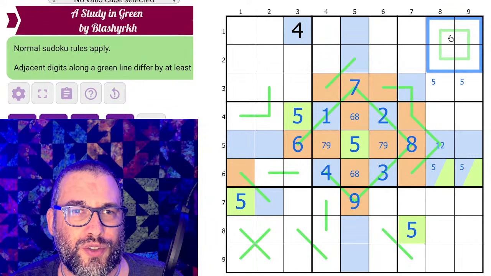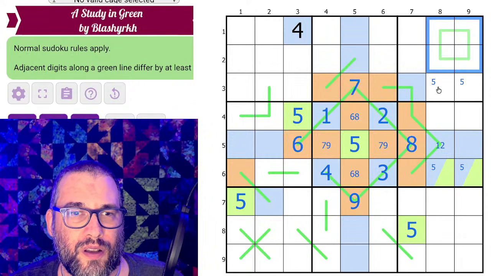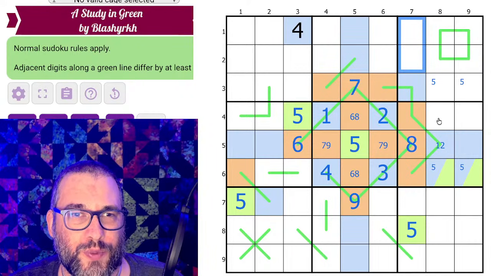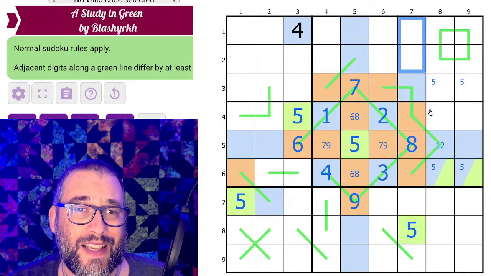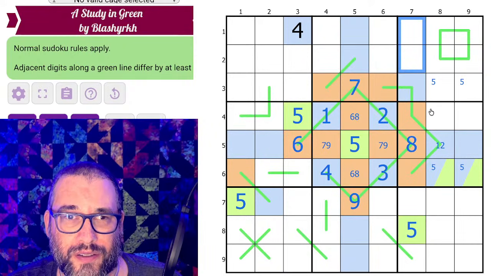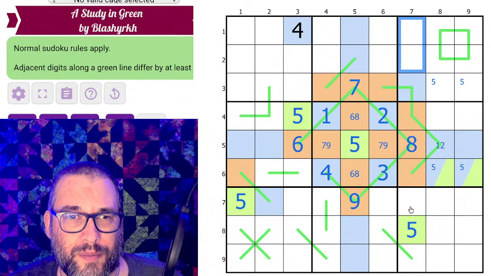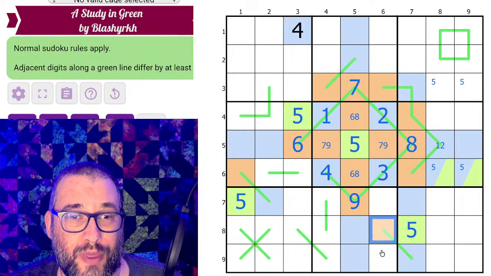Okay, so we get 2 oranges here. We can have at most 1 orange here. So we have to have at least 1 orange here, which means we have exactly 1 orange here, which means these are both blue. That's orange.